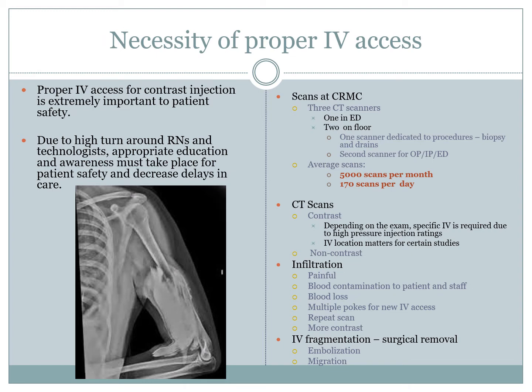Currently, the high volume of CT orders combined with limited staff and few scanners have caused delays in patient care. At the hospital that I work for, there are 3 scanners, one in the ER, the emergency department, and 2 on the main floor. The average scans are 5,000 scans per month, and that's 170 scans per day.